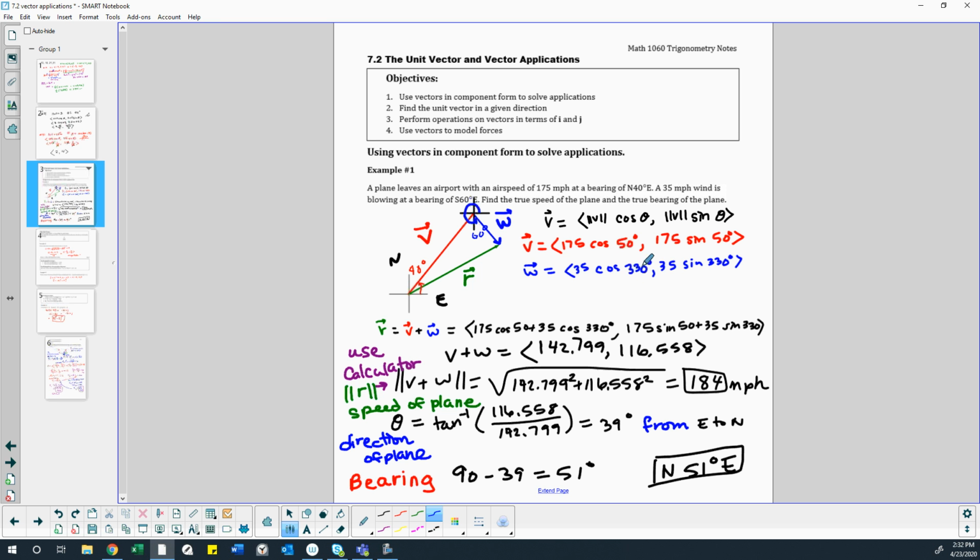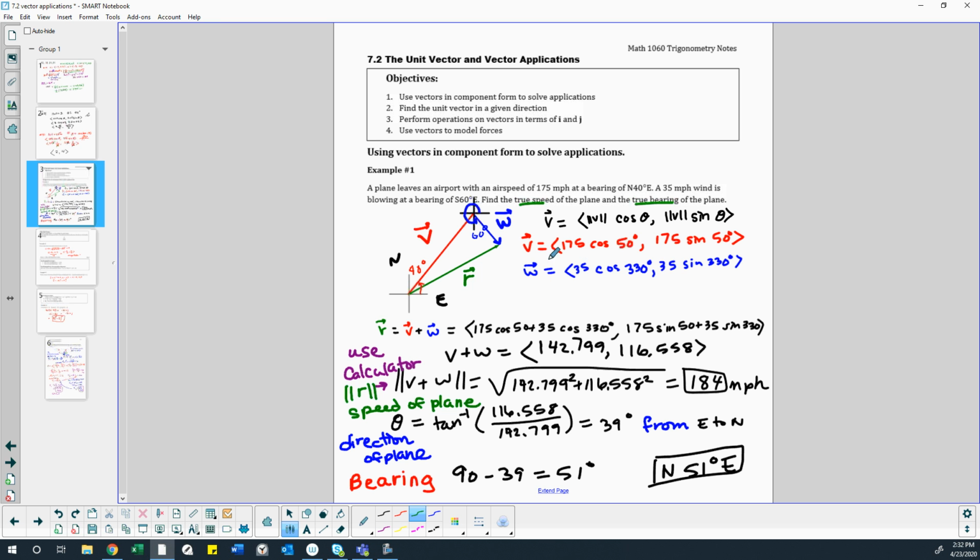So that's our angle in standard position for our trig angle in standard form. Okay, so this is our component form for the wind vector. Together, if we add our airplane plus our wind vectors together, we get our resulting vector of the true speed of the plane and the true bearing of the plane. So that's our goal here. Adding the vectors together, v plus w should give us the resultant vector, which I'm calling vector r.